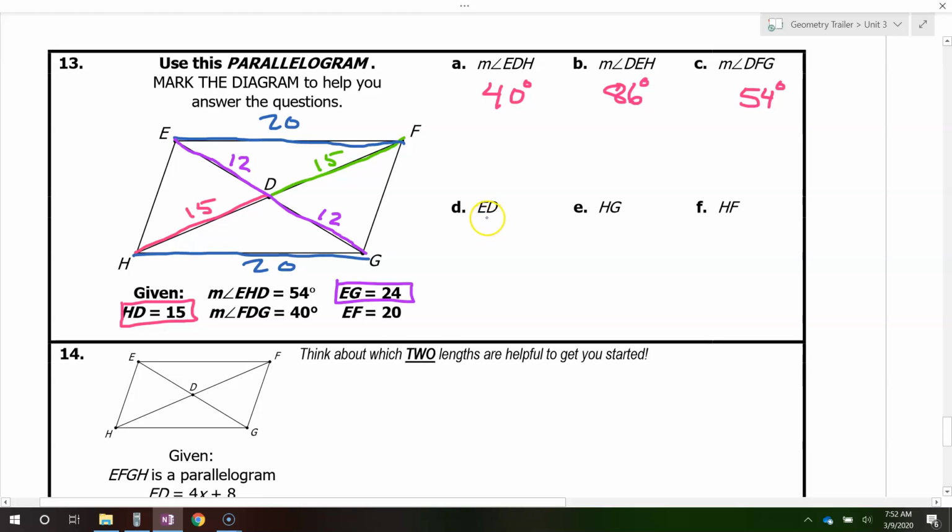What is the length of ED? ED is 12. What about HG? HG is 20. What about the length of HF? HF is this whole thing, the red and the green together. So that's going to be a total of 30.